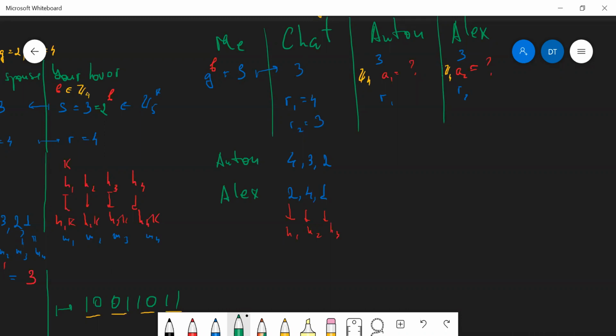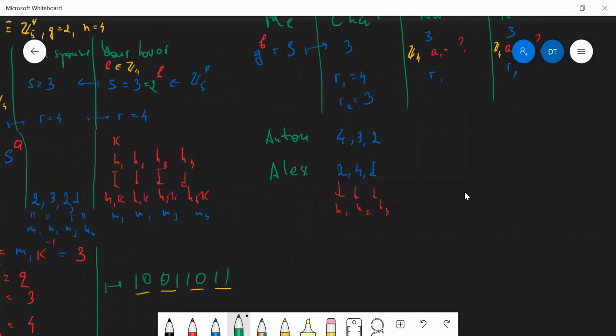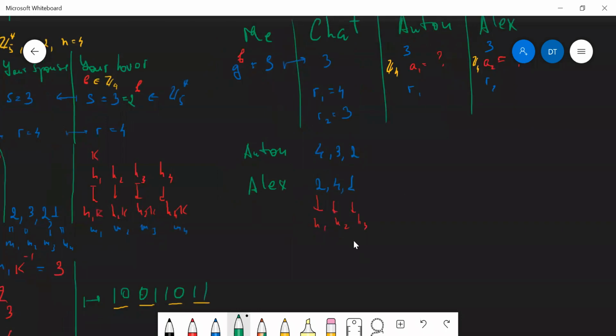And what do you do with K then? With K to the power of -1? This secret key was used to encrypt my original message, H1, H2, H3. So that was the original message, and this is what I have sent to you. How did I get the element 2?